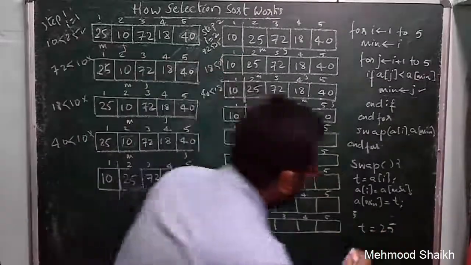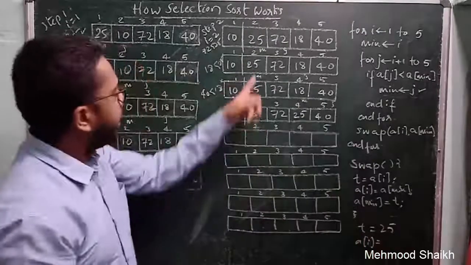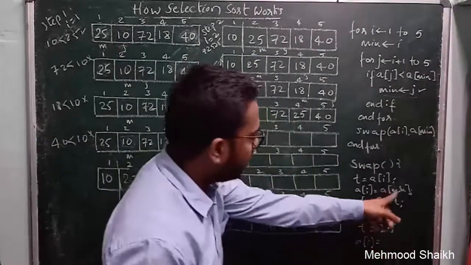And then in the place of A of I, that is in the second index, which is this position, we will pass the A of min.